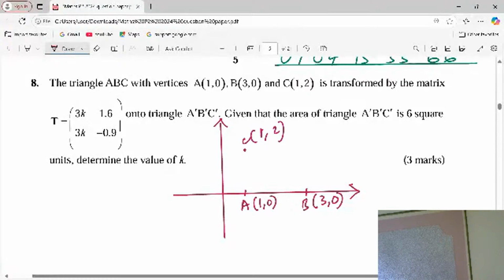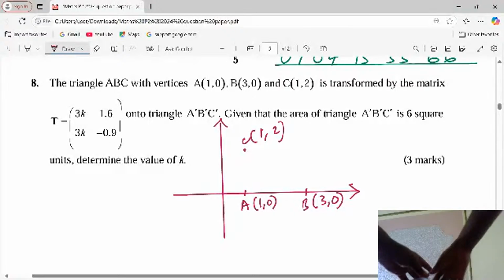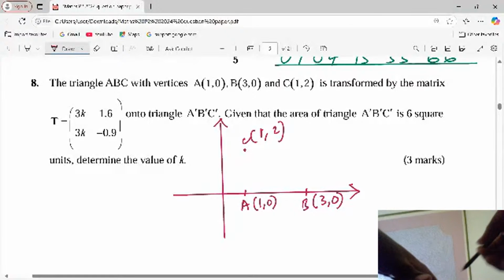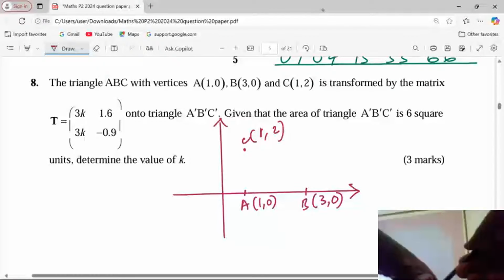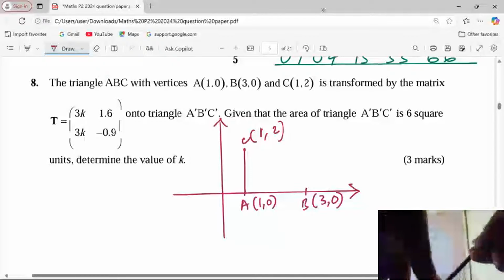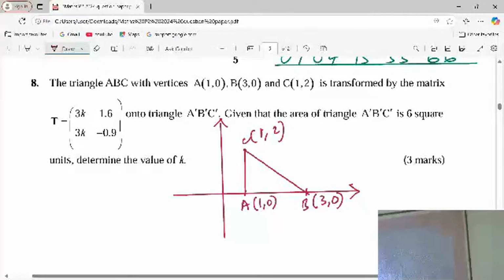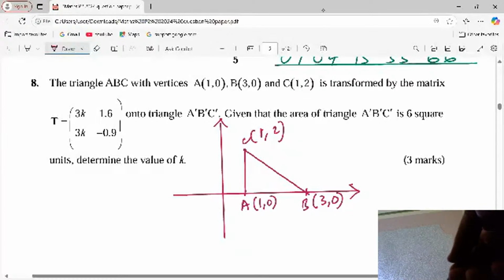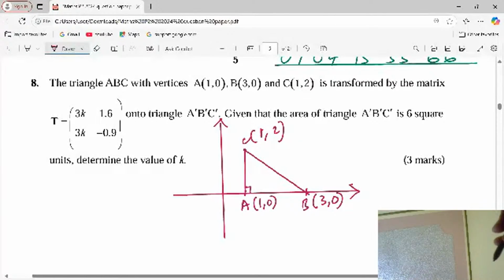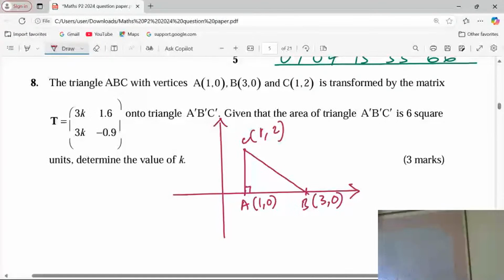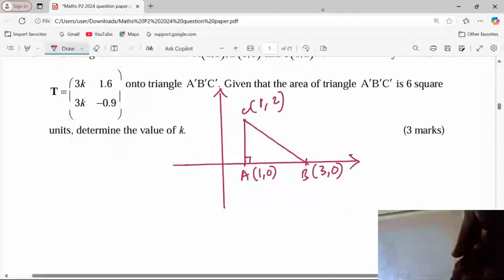Therefore, we have the coordinates and I can sketch the triangle. If I sketch the triangle, you discover that it is right angled at A. Being right angled, from x equals 1 all the way to x equals 3, that is from A to B, we have 2 units.